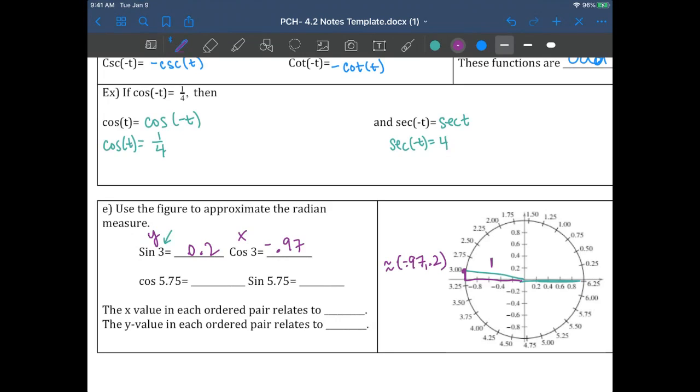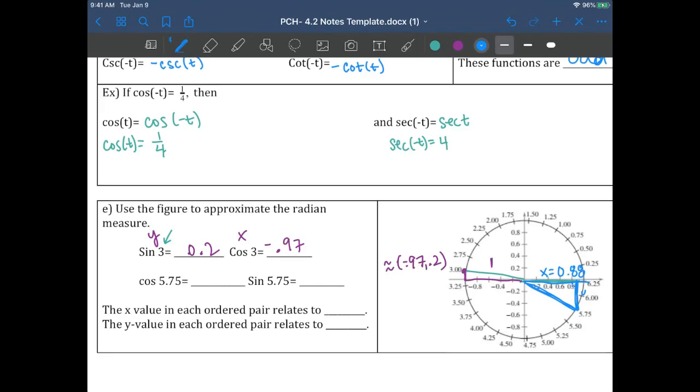Okay, 5.57. So this time I'm going to move all the way from here to 5.57. So starting at 0, moving to 5.57. Sorry, I transposed that. So my x is equal to a little more than 0.8, so 0.88 maybe.